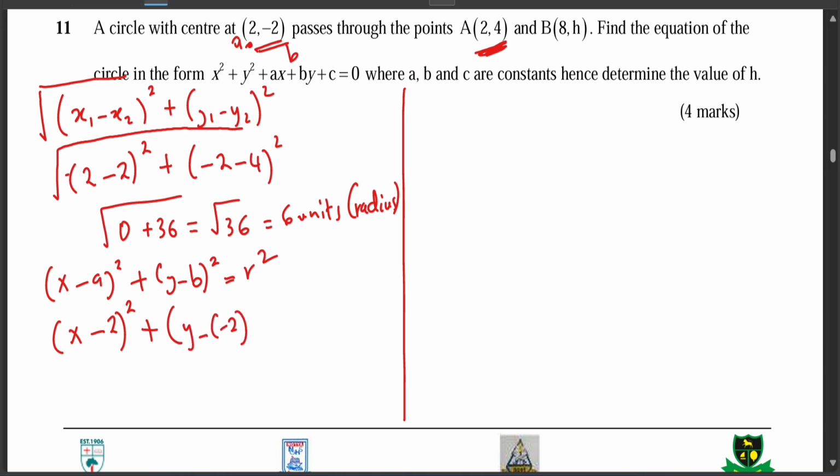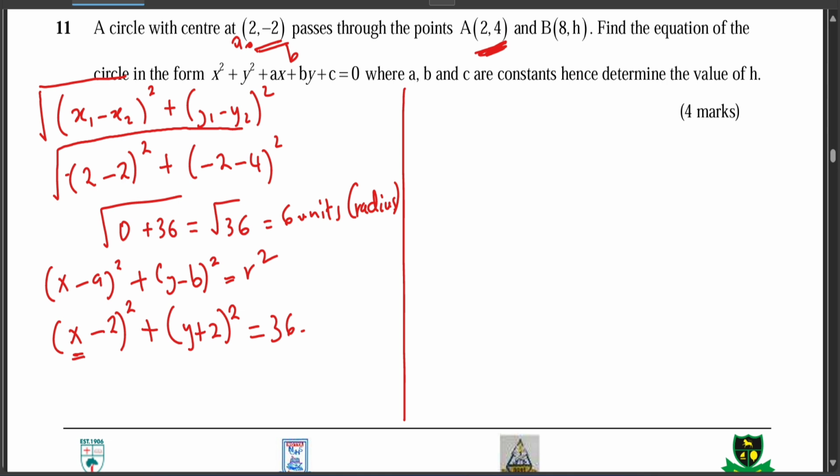At the end of the day itakupa y plus 2. So y plus 2 squared equal to r squared, which is 6 squared. Na 6 squared ni tayari tunajua ni 36. So equal to 36. So let's open it up.